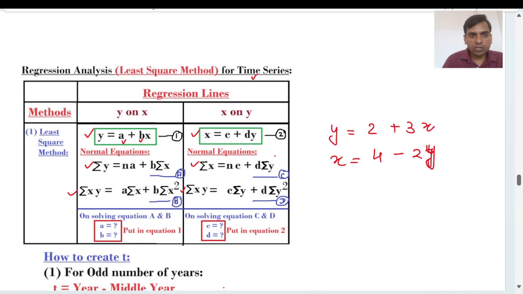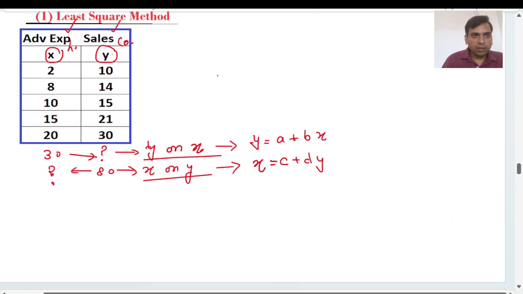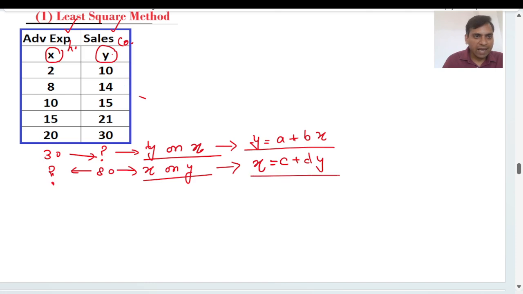These are the two equations on solving using the least square method. I am not explaining this method here, but the final output you will see is of this kind. So suppose from this result we are getting these two equations, Y on X and X on Y.